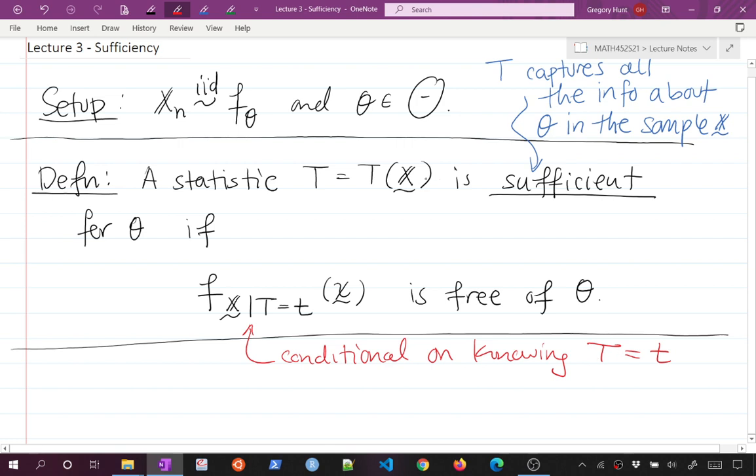It's a function of my random variable x, and so it's a random variable.